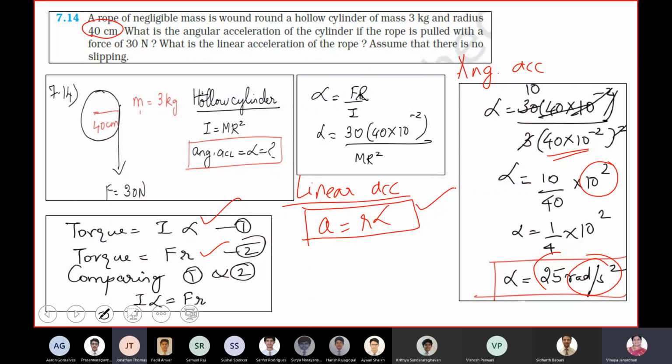Ma'am, here they asked for the linear acceleration of the rope. Will that be the same? Same, because whatever the cylinder is undergoing, angular acceleration, see the force, this is the direction of your linear acceleration, right? It will be the same.